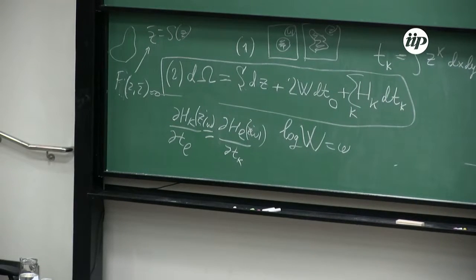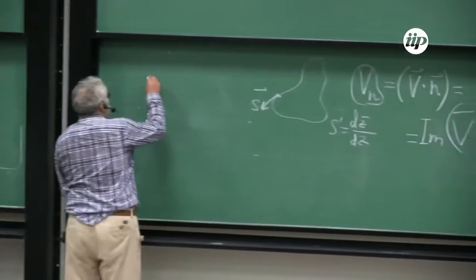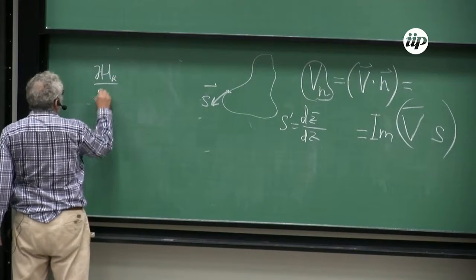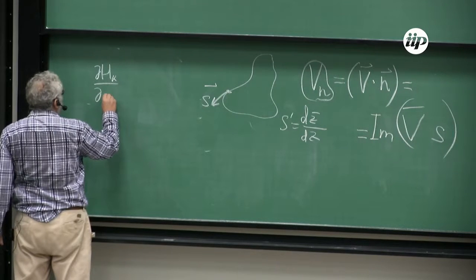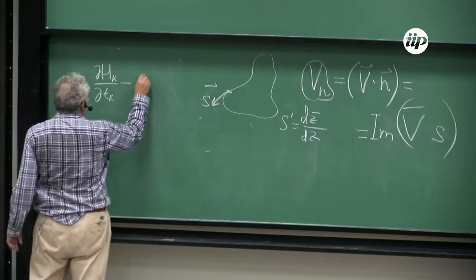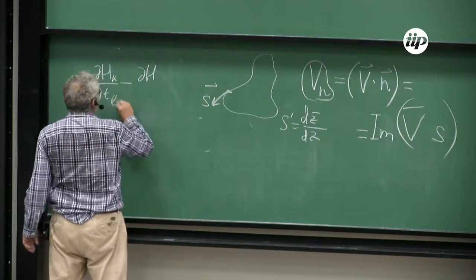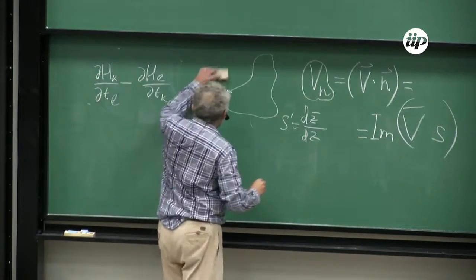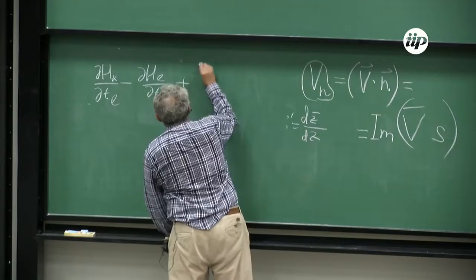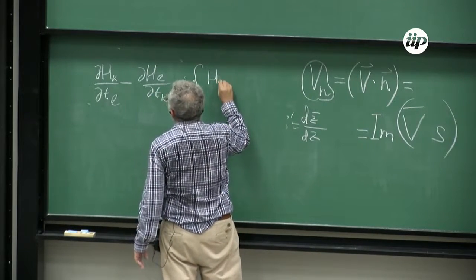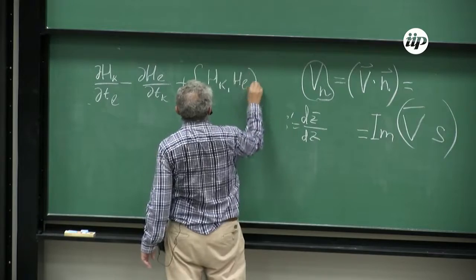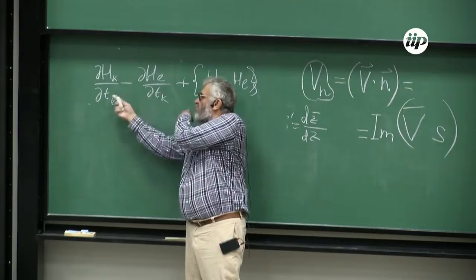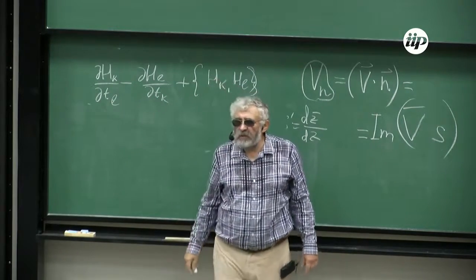I have here, after this transform, that dHk over dTl minus dHl over dTk plus the Poisson bracket between Hk and Hl, which means just the canonical Poisson bracket because you just switch derivative with respect to Tk and Tl.